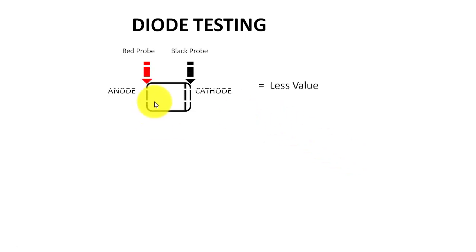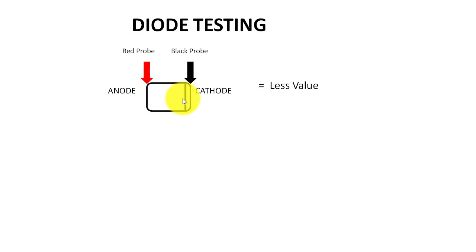Just suppose this is a diode and this is the cathode. At the cathode point there will be a light spot, a white spot, and at the anode there will be no spot, left normal.